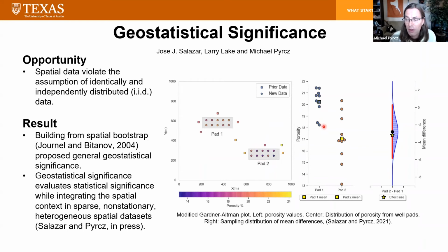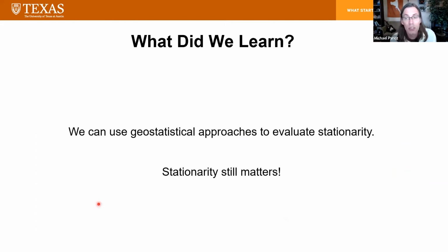We can look at their specific plots, and we can see the sampling null distributions by resampling with spatial bootstrap. And we can look at this and say, nope, that's not significantly different. This pad and this pad appear to come from the same population. We can mix that data set together. I think this could be very powerful for establishing what data we should be using for training.